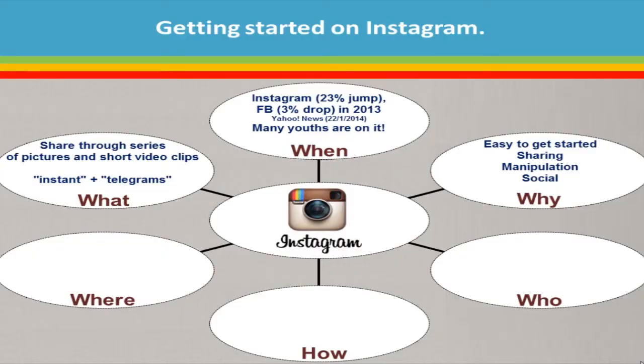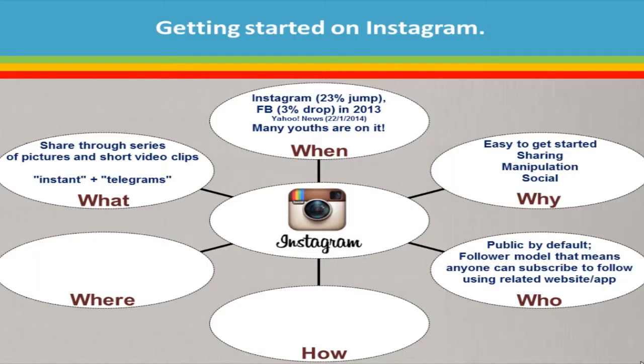Why? Because it's easy to share. Instant. You can manipulate, you can use filters on the pictures. And again, it's a social tool, so you can post some pictures, and your friends can comment on it. So who can use it? Everyone. And if you do not like to share everything that you have posted, you can set some privacy settings.